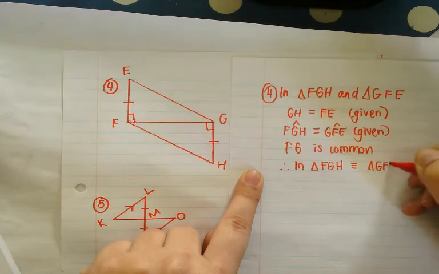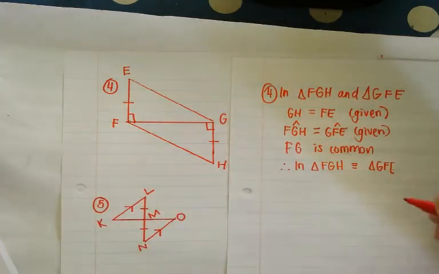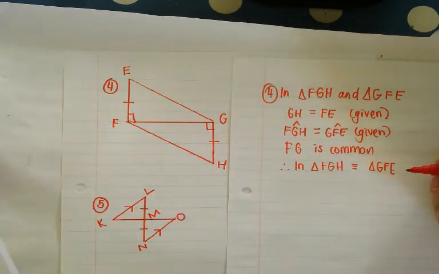Who says yes? Who says no? Why do you say no, Daniel? You said side angle side. Perfect. Is the line given to me, or the two lines given to me, a hypotenuse and a side? No. So a hypotenuse has to be part of the information given for me to use RHS.